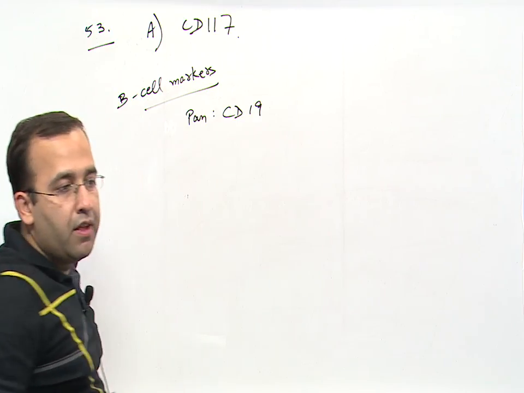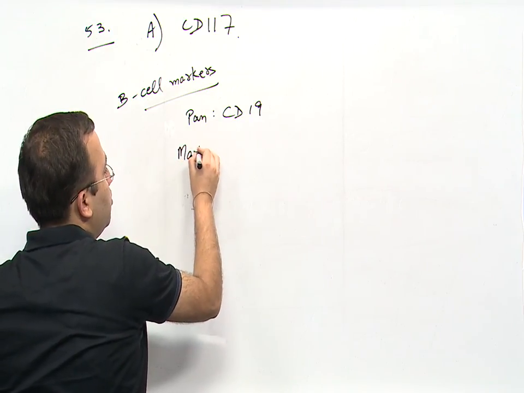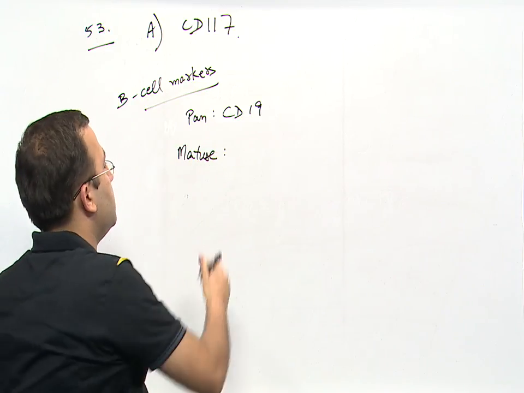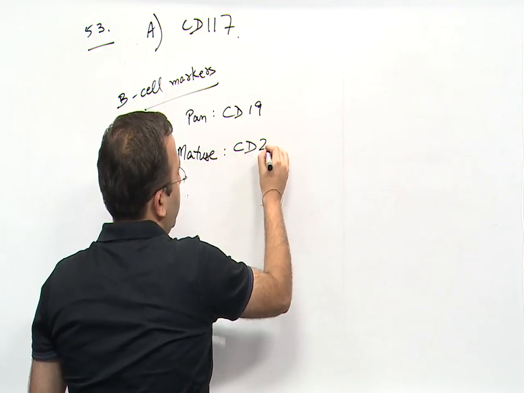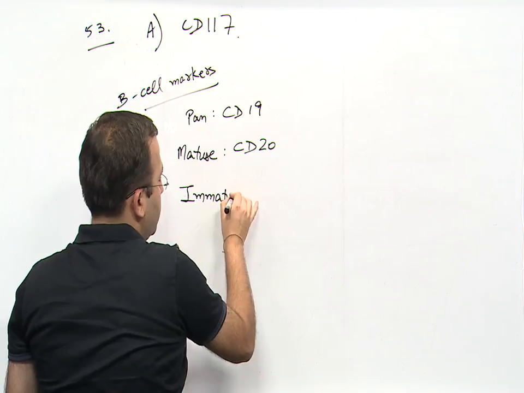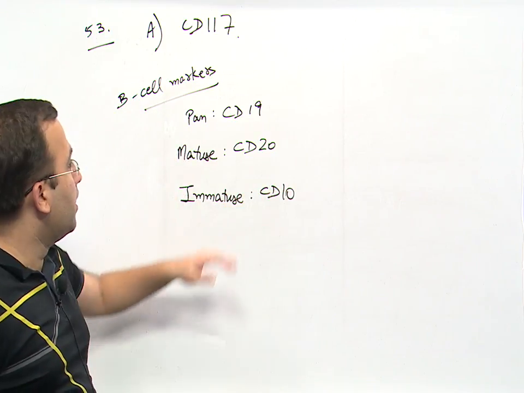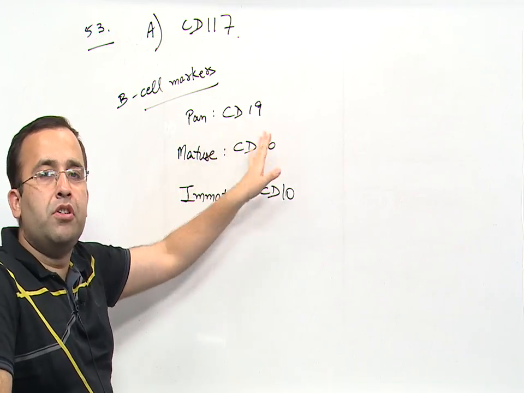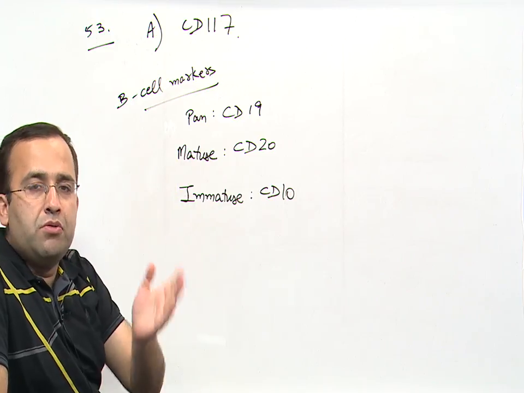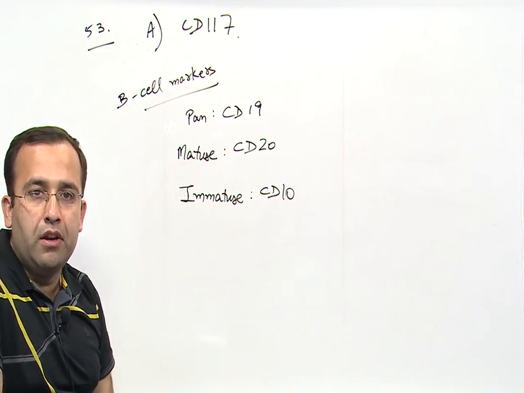Pan B cell marker, positive on all the B cells, is CD19. Mature B cell marker, positive on mature B cells, is CD20. Immature B cell marker is CD10.